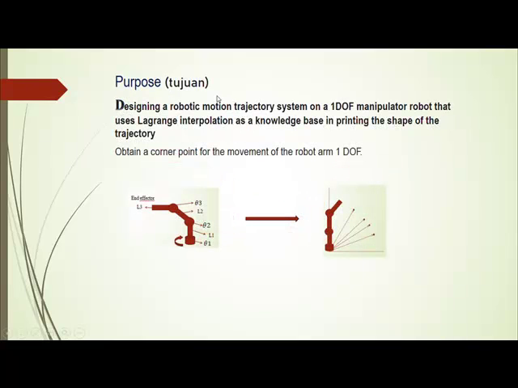Our purpose is designing a robotic motion trajectory system on a 1DOF manipulator robot that uses Lagrange interpolation as a knowledge base in printing the shape of the trajectory.